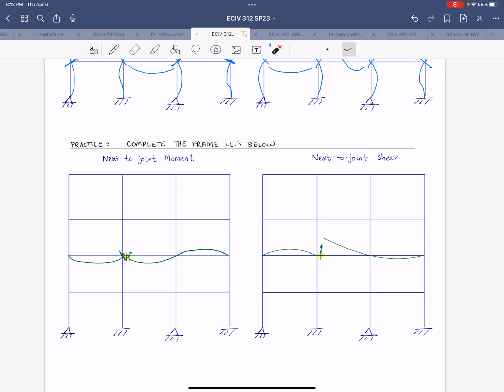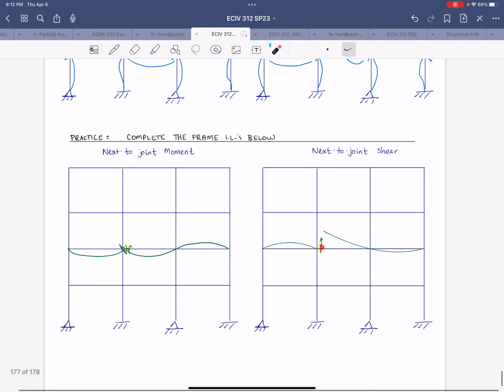For the next to joint shear, right, we would cut the beam right next to the joint and force one side up and one side down. One side is going to be free to displace, right? In this case, that's the upward direction. And so we just draw that influence line like we would for an indeterminate beam.